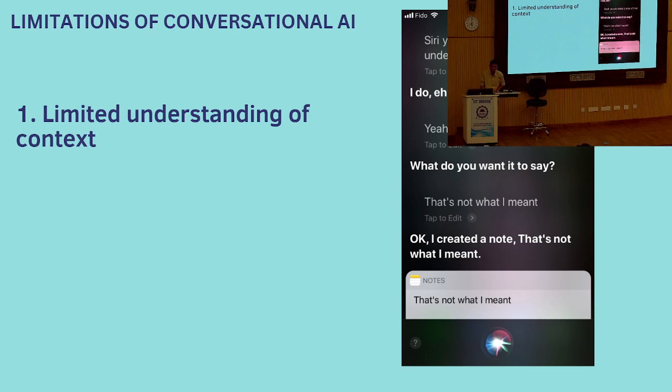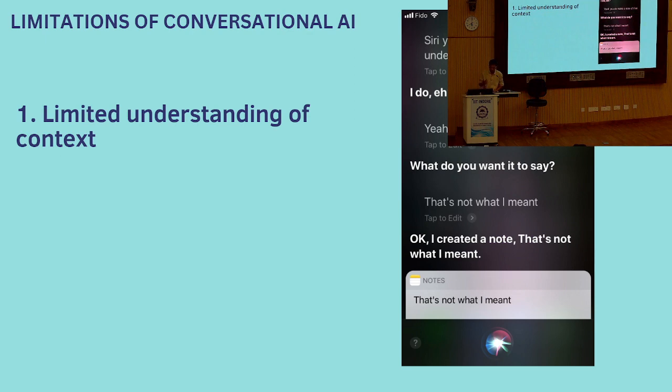Okay. Let's talk about them one by one. First is limited understanding of context. Conversational AI does struggle to understand the context or meaning of the conversation, which can lead to misinterpretations or errors.